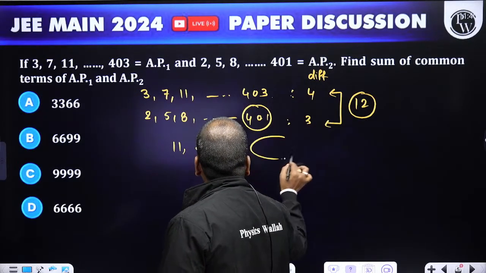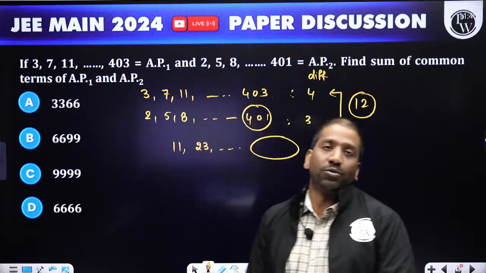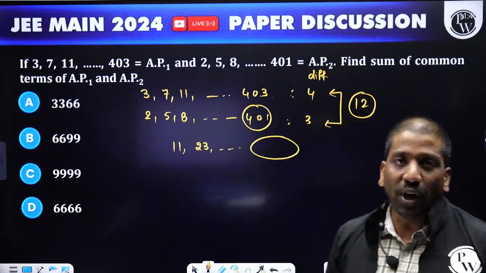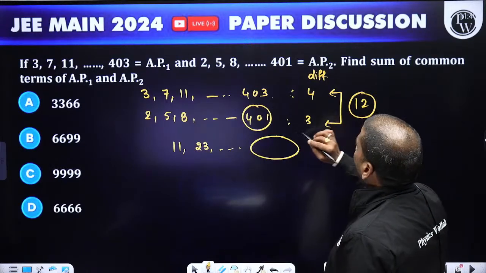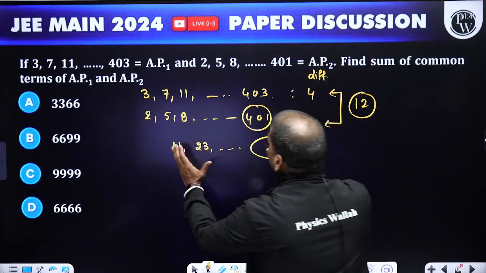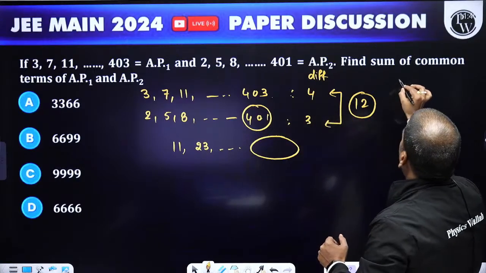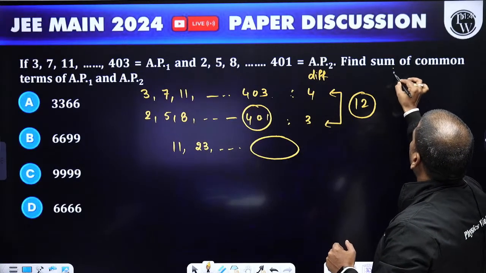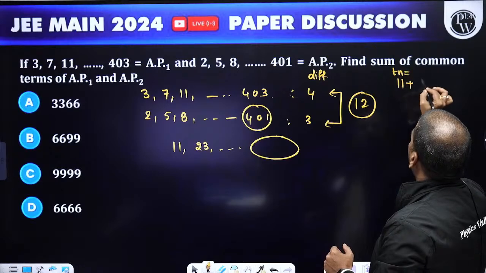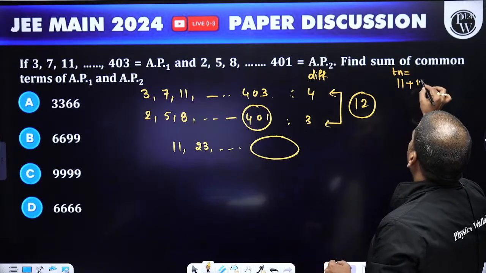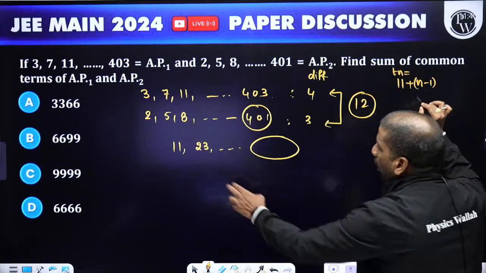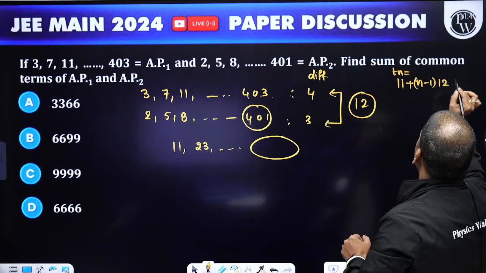The problem is how many such number of terms, right? In order to find how many such number of terms, we need to understand the nth term of this series is Tn is equal to 11 plus, because the first term is 11, n minus 1 times common difference 12.